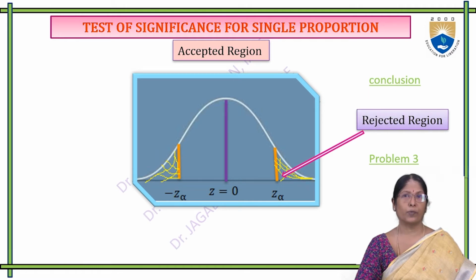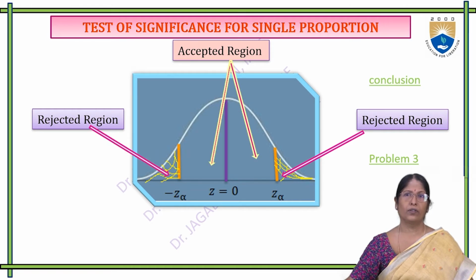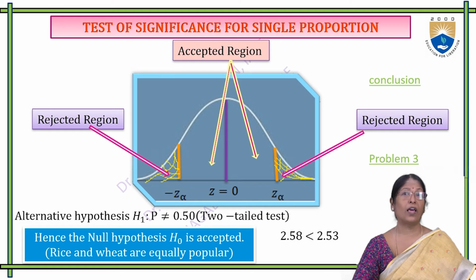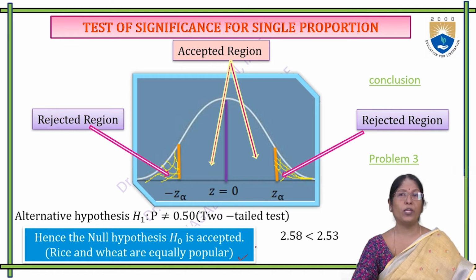As this problem falls under the two-tailed test, two sides of shaded regions are there, outside minus Z alpha to Z alpha. The null hypothesis we defined, that wheat and rice eaters are both equally popular, we have taken as capital P equal to 0.5.